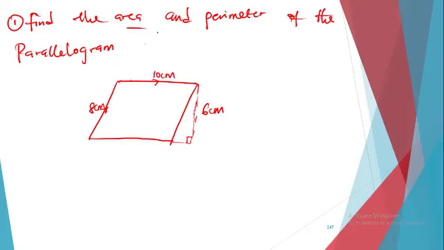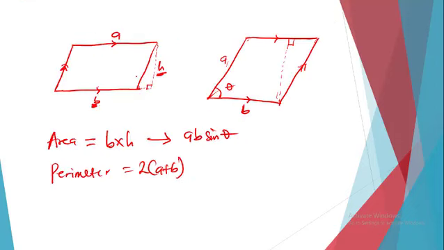Okay, we have the first example on the screen. It said find the area and perimeter of the parallelogram. Okay, let us start. This is our H and this is our base, and then we are told that the area of a parallelogram is given as base times height.